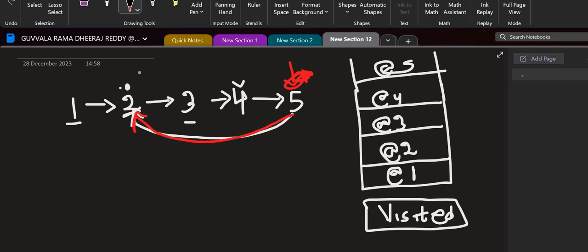Now my pointer has come again to 2, but it is already visited. That means there is a loop in the linked list.